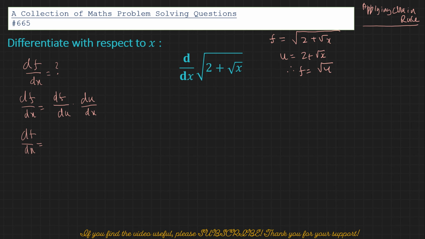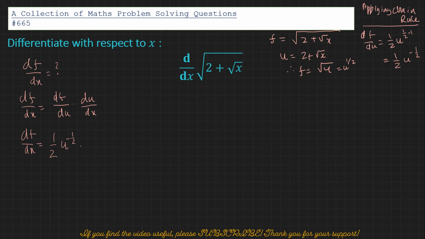So df out of du is u to the power half, so I can write half u to the power half minus 1, and that is half u to the power minus half, times du out of dx.